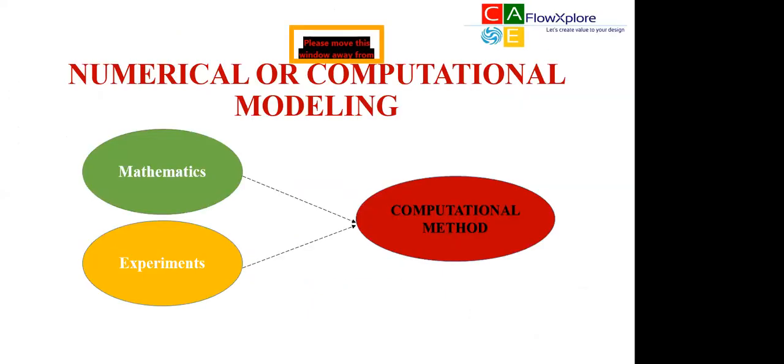Yeah. So on one hand, we have mathematics. On the other hand, we have experiments. Mathematical modeling is limited, and experiments are really tougher to do. For that reason, we have computational methodology, which purely relies on numerical methods. At the 1904 World Science Conference, people discussed a lot on mathematical modeling.